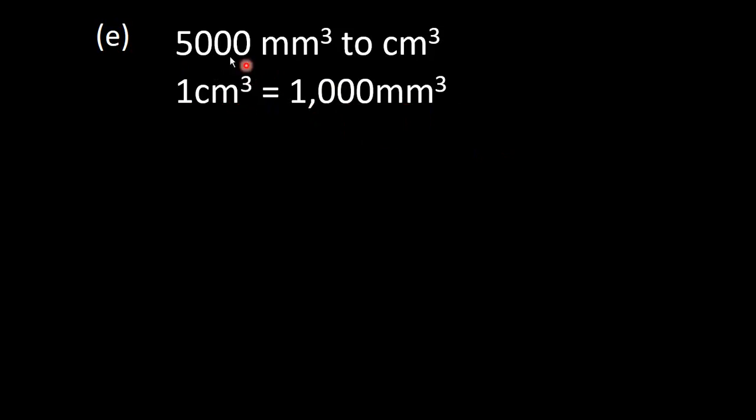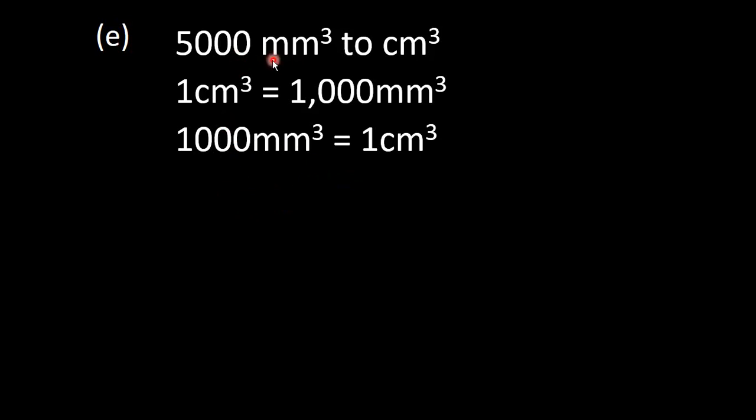Now, what about if this is equivalent to that? Now I'm converting from millimeters cubed to centimeters cubed. So I need to interchange this, and I have 1,000 millimeters cubed is equivalent to 1 cubic centimeter. And then I make this one unit.